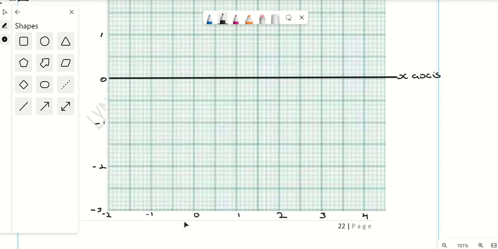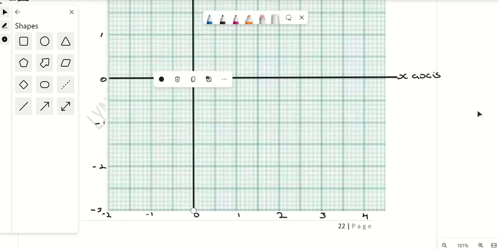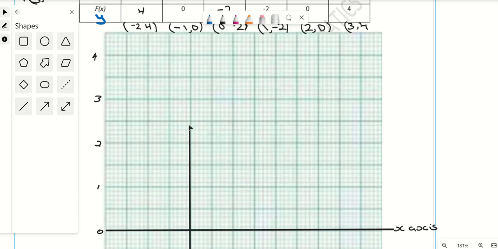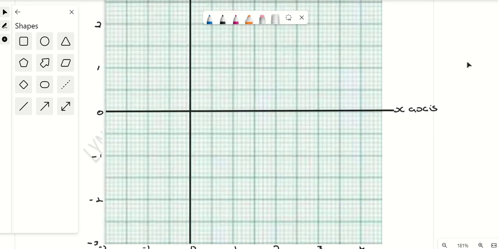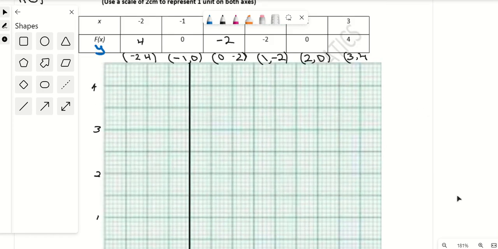Then we're going to go up. Let me just extend it. We're going to label that our y-axis. I'm supposed to label it on top here, y, right? So this is our y-axis and that's our x-axis.